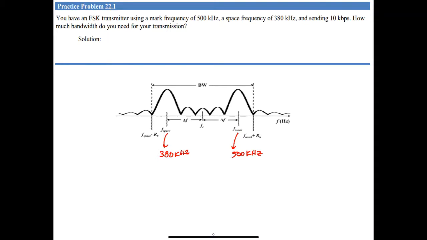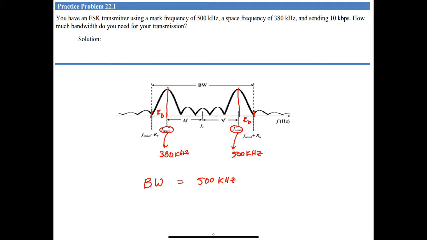If you remember, from the peak at F mark to that first null is your bit rate, and the peak of F space to its null is also the bit rate. So we want to calculate the bandwidth. We're going to take F mark, which is 500 kilohertz, minus F space.